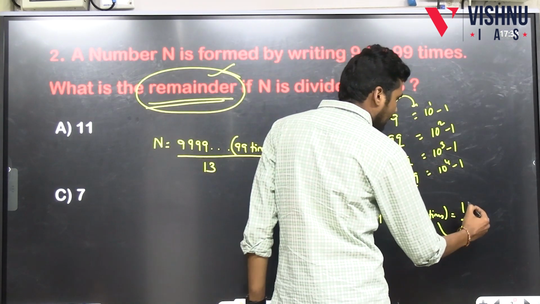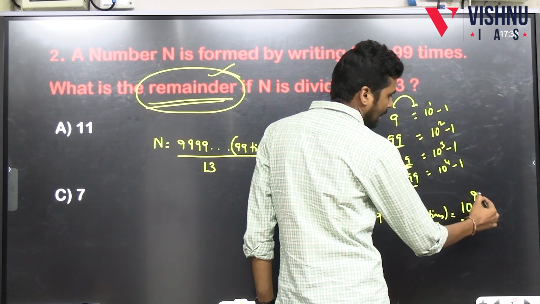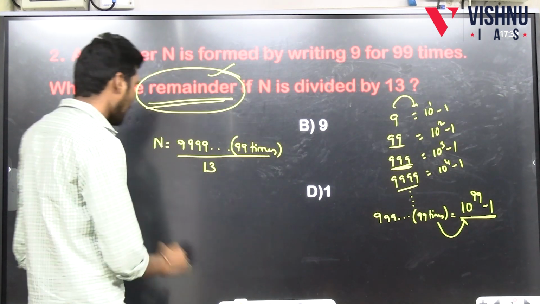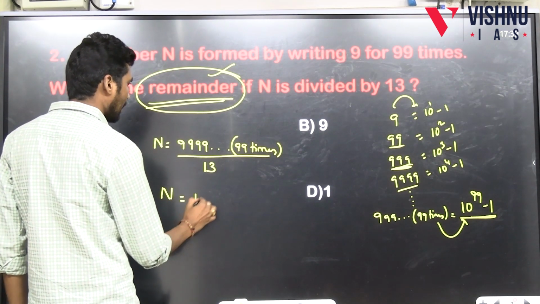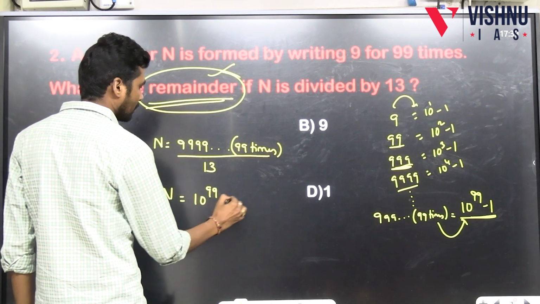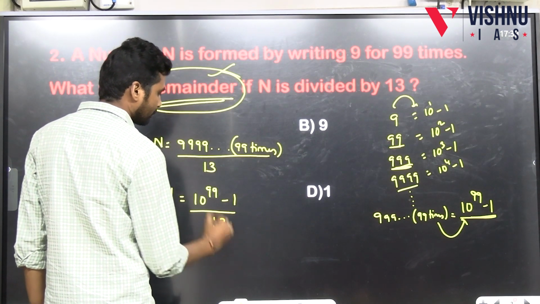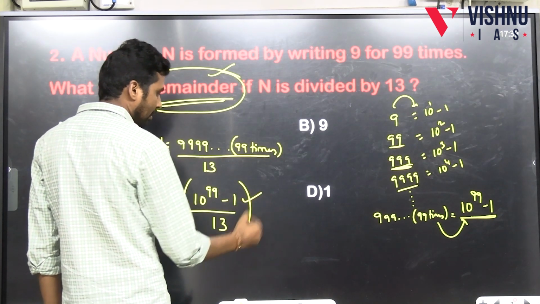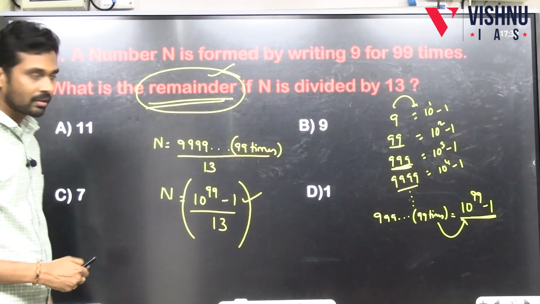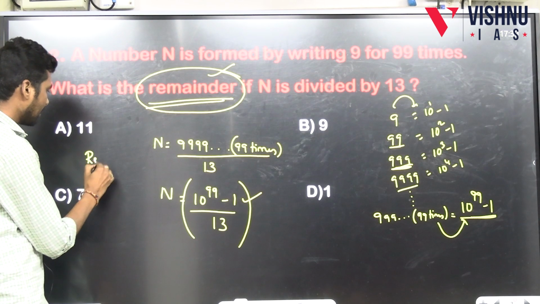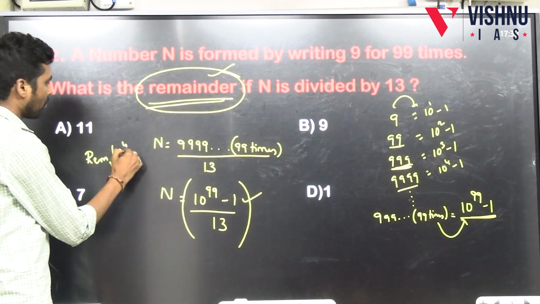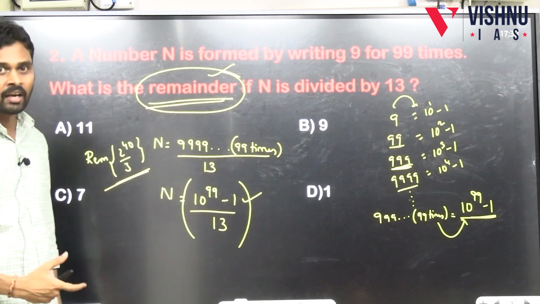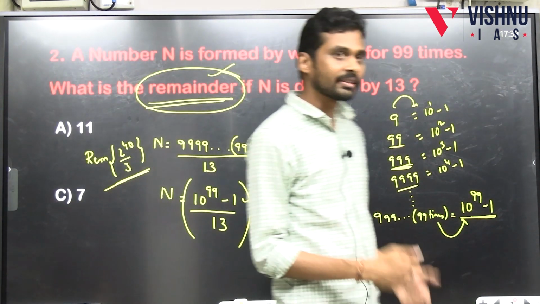So we can write this number as 10 power 99 minus 1. So we need to know that. So the n value is equal to 10 power 99 minus 1, divided by 13. Now we need to find out what remainder we'll get when 10 power 99 minus 1 is divided by 13. As I already mentioned, remainder questions like what is the remainder when 2 power 40 is divided by 3, this kind of question we definitely have to practice when preparing for CSAT.